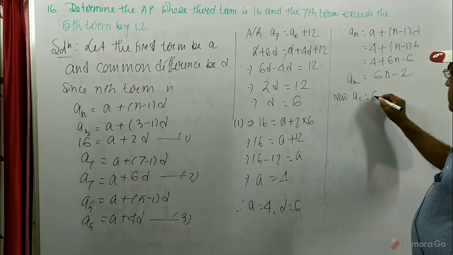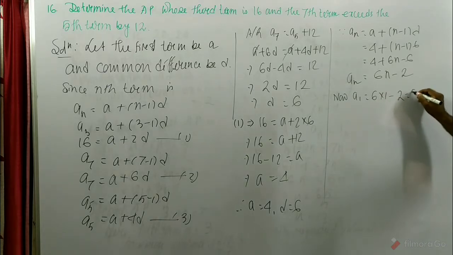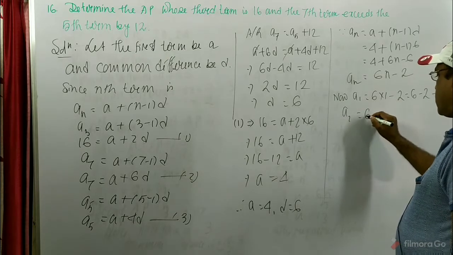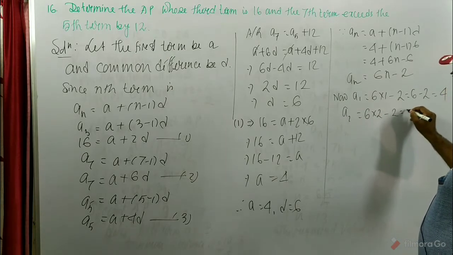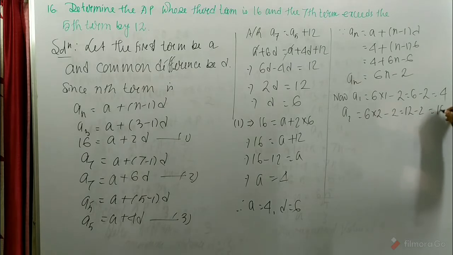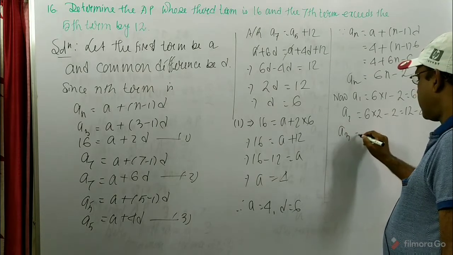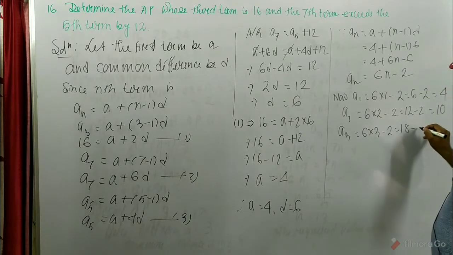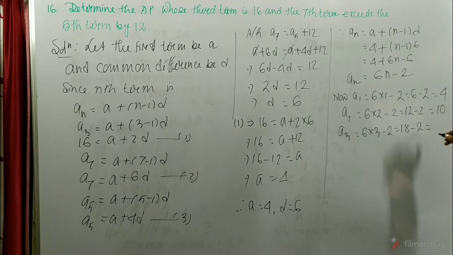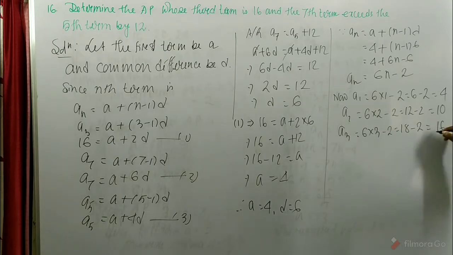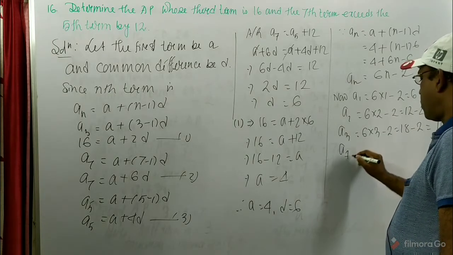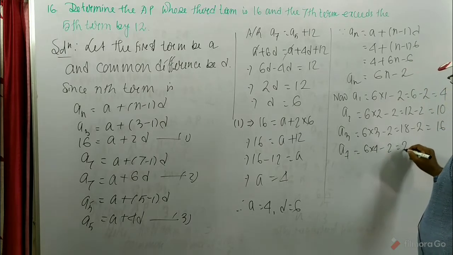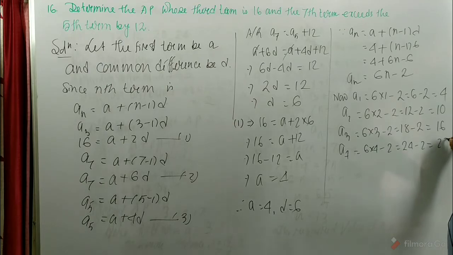A1, 6 into 1 minus 2, 6 minus 2, this is 4. A2, 6 into 2 minus 2, 12 minus 2, this is 10. A3, 6 into 3 minus 2, 18 minus 2, this is 16. A4, 6 into 4 minus 2, 24 minus 2, this is 22.